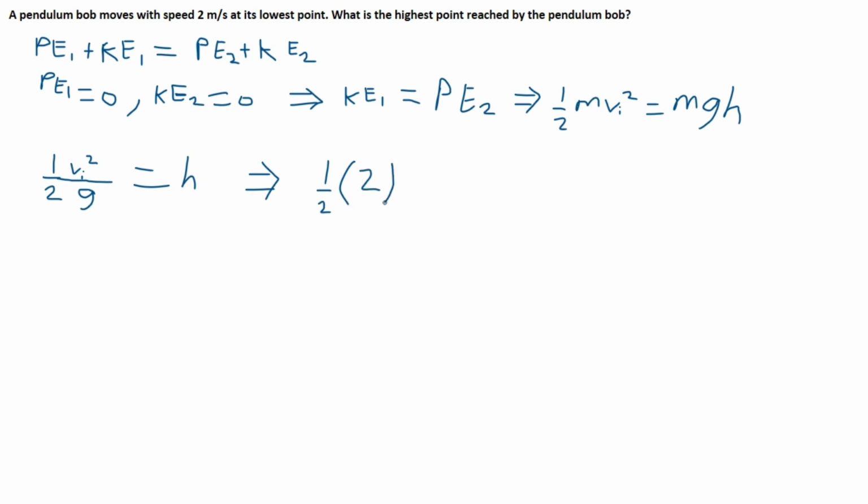So we have 1/2 times 2 meters a second, squared, multiplied by 1 over 9.81 meters a second squared, is equal to the maximum height. This gives us the maximum height of 0.204 meters.